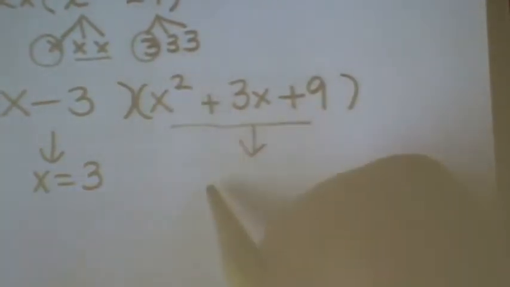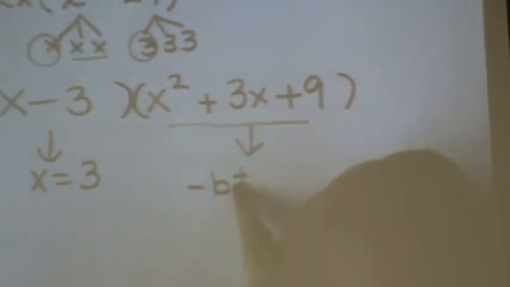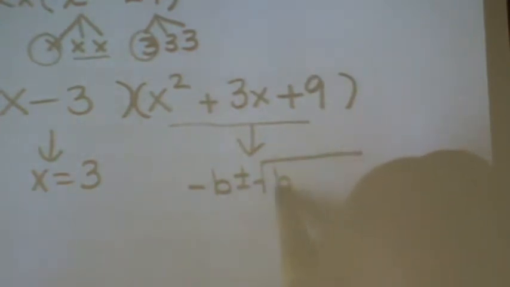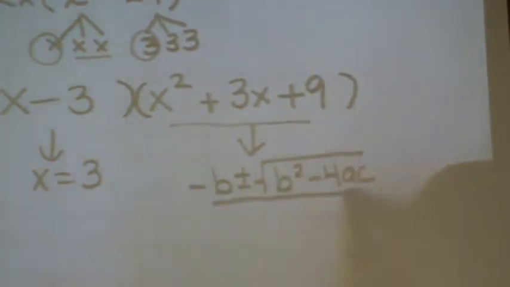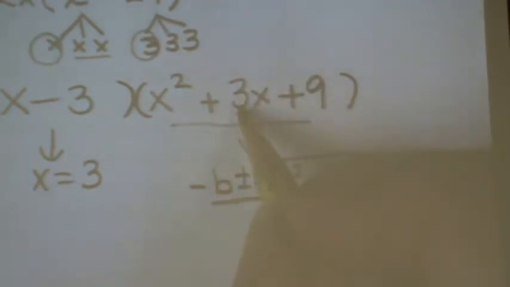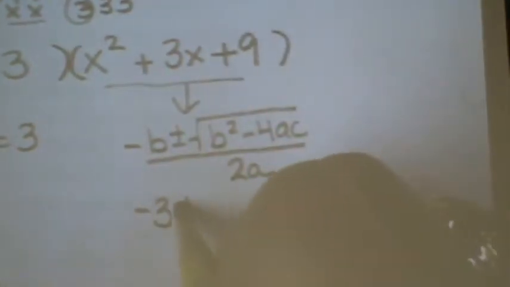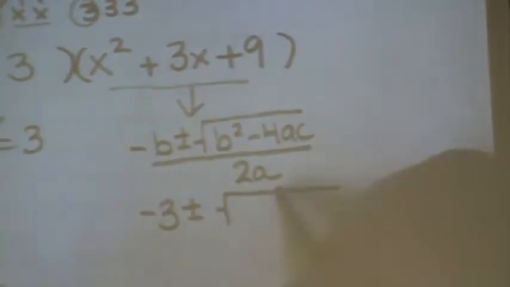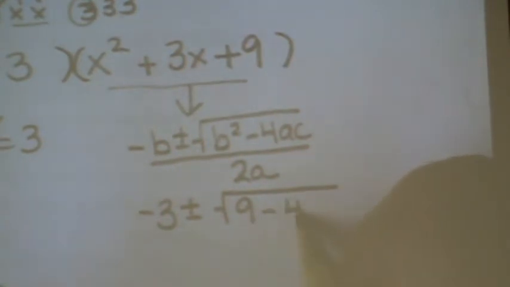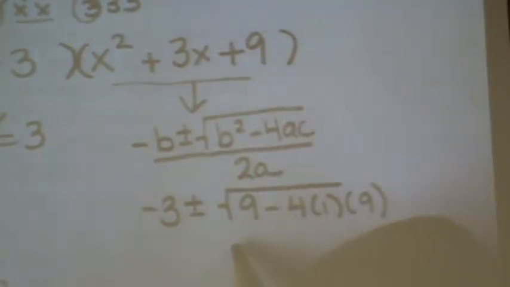So what am I going to do? Quadratic formula. Why should you do this versus complete the square? Because that's an odd number. So we have -3 plus or minus the square root of 3 squared, which is 9, minus 4 times 1 times 9, all over 2 times 1, which is 2.